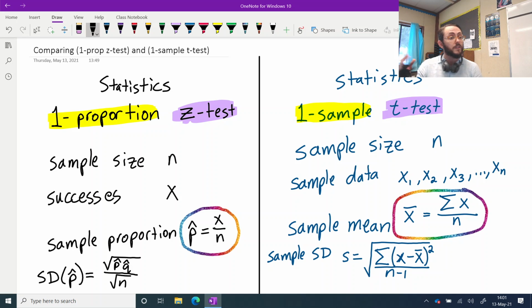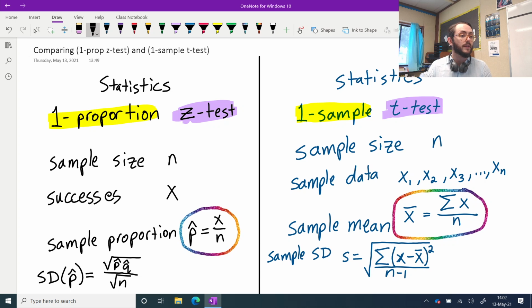The square root of p hat times q hat is the standard deviation for a single Bernoulli trial. Divided by square root of n, we now have the sampling distribution standard deviation. Okay. But we don't have that for the one sample t-test.